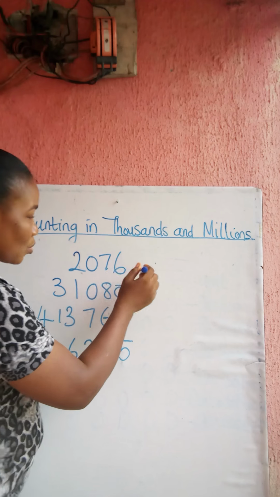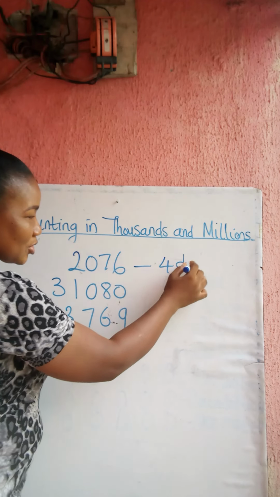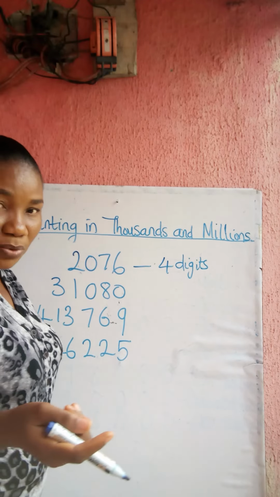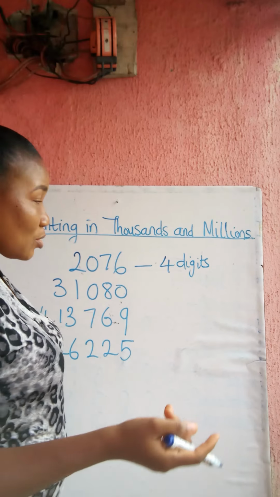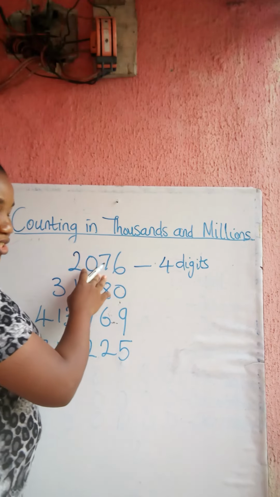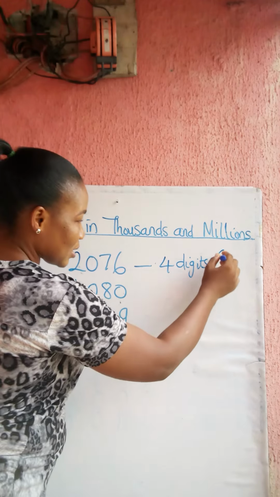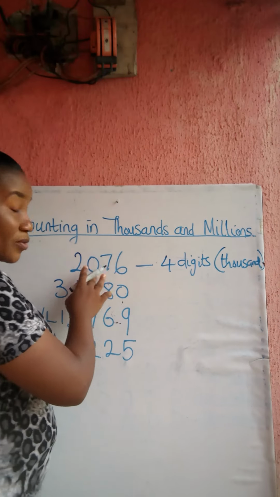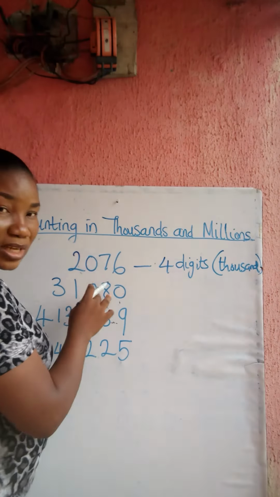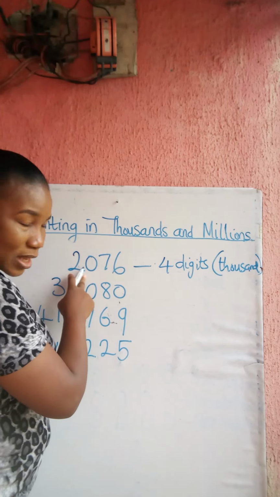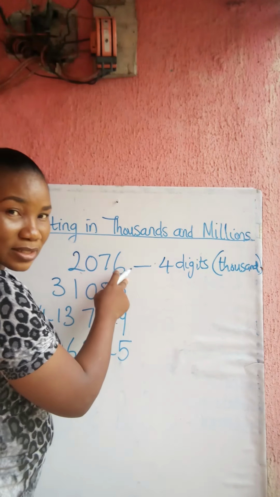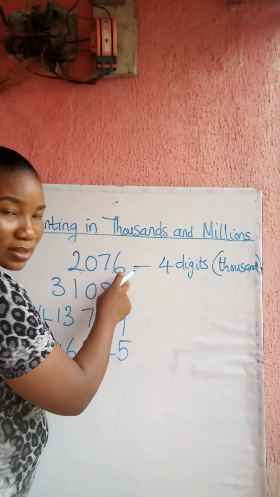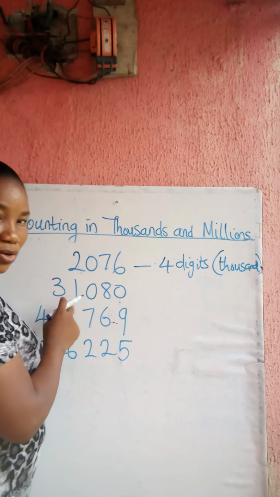Take a look at the first one. We have 4 digits. And from our number names, you will agree with me that 4 digits falls under thousands. So if we are to read this number, we read it as 2,076.